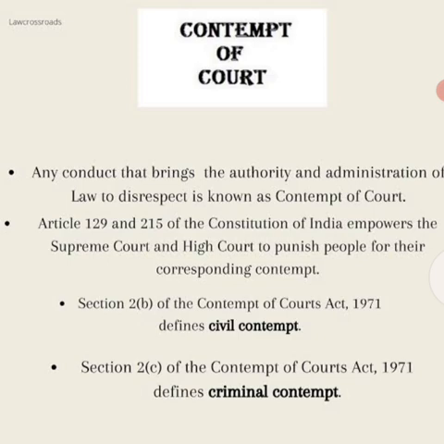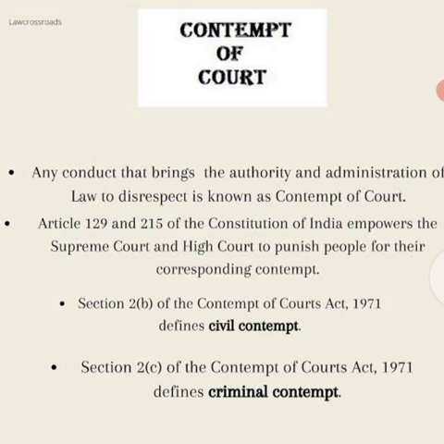In Section 2 of the Act 1971, contempt is of two types, that is civil contempt and criminal contempt. According to Section 2(b) of the Act, any willful disobedience to any order, judgment, decree, direction, or writ, or any undertaking given to the court, is considered civil contempt.